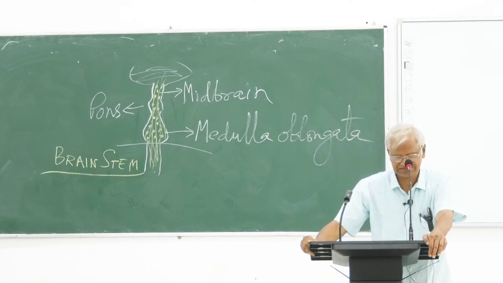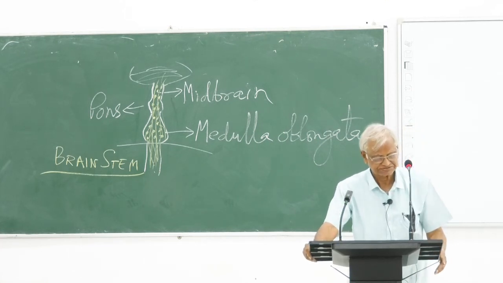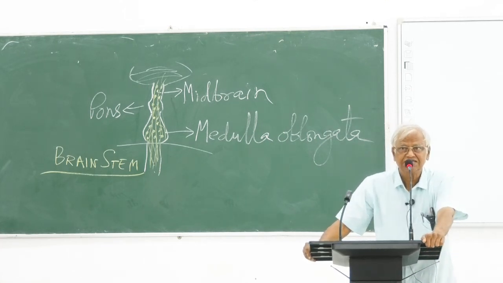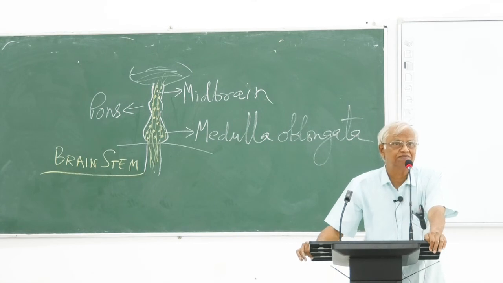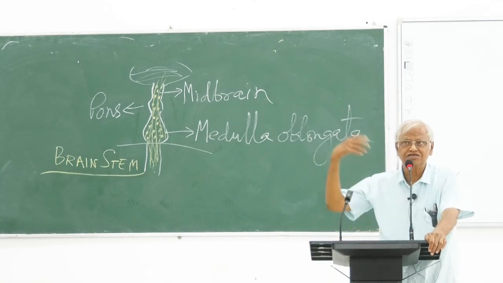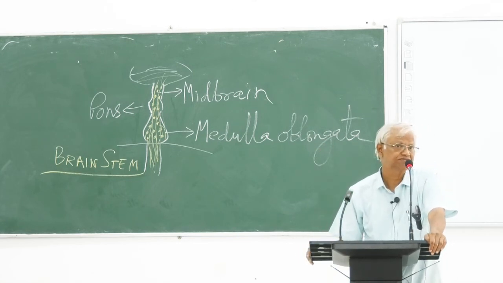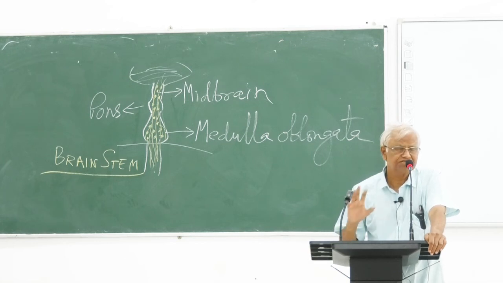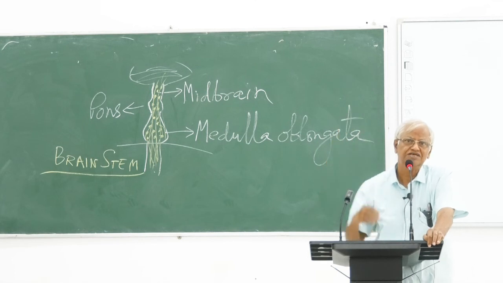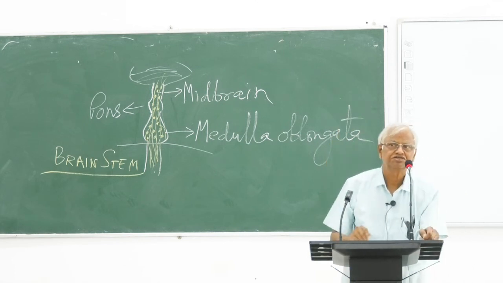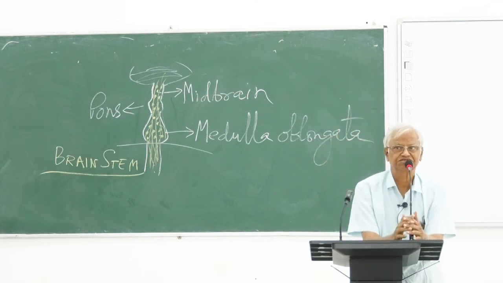But there are a few fibers which bypass the thalamus and go directly to the cerebral cortex. So the reticular formation sends stimulatory signals to the cerebral cortex and the person remains conscious.